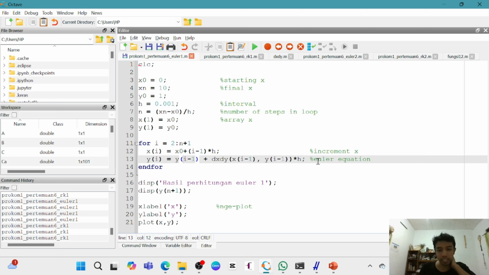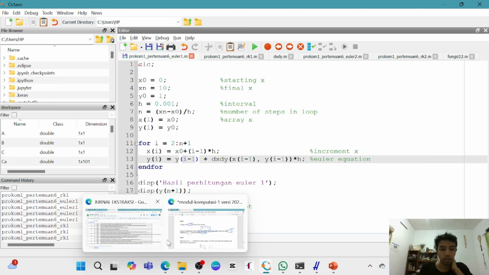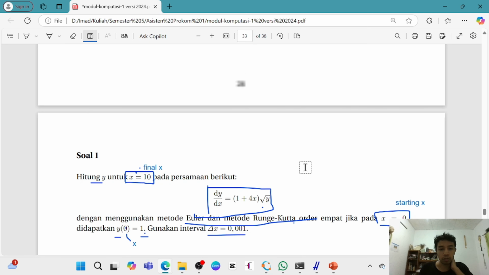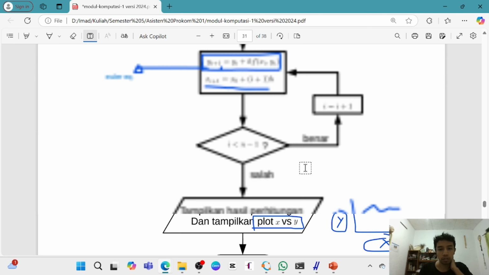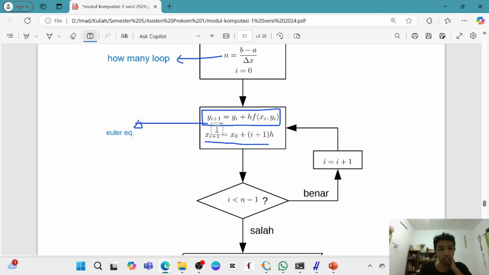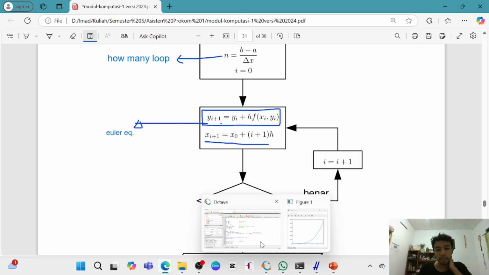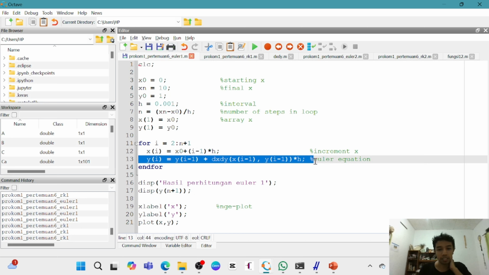Then this is the Euler equation, inside the square box. In this Euler equation we have the function dx dy. What is the function dx dy? I use a subroutine for this.